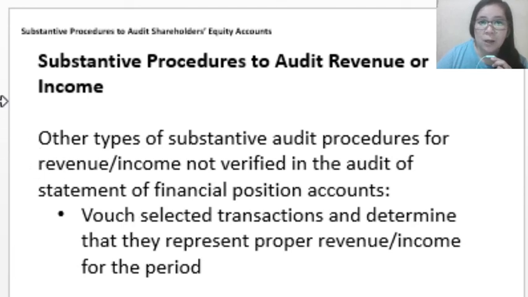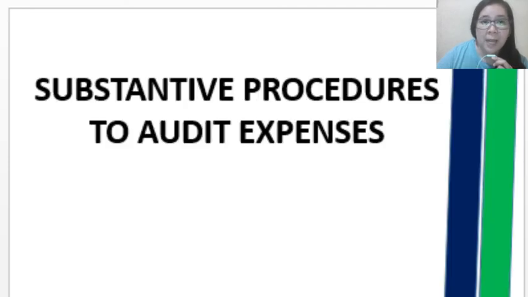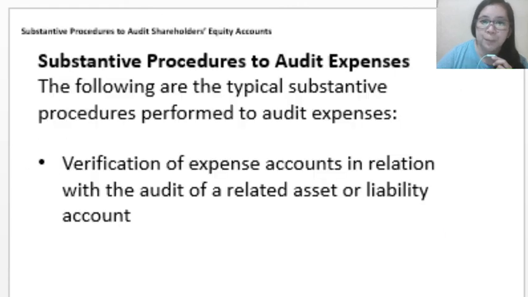So those are the specific substantive procedures to audit revenue or income. Lastly, this is the related account also under the shareholders' equity: expenses. So these are, on the other hand, the specific substantive procedures to audit the expense account.